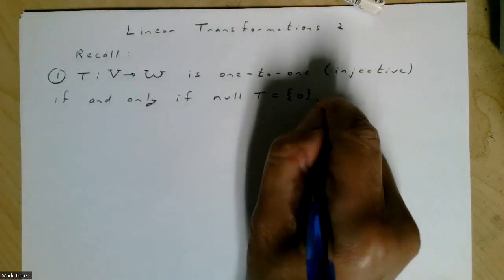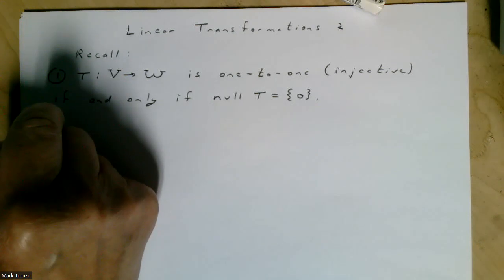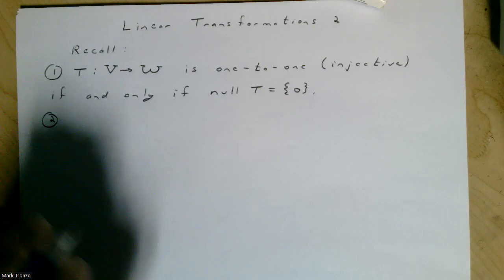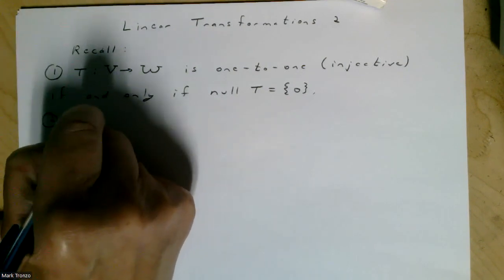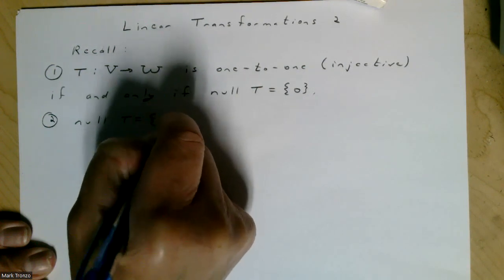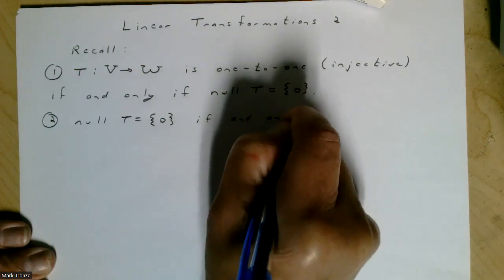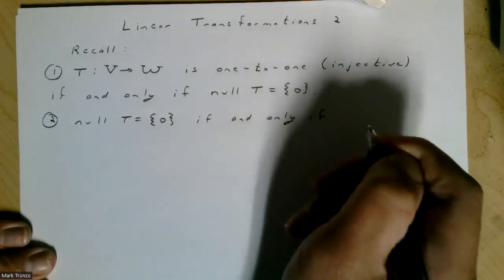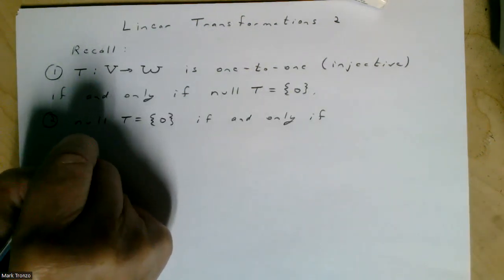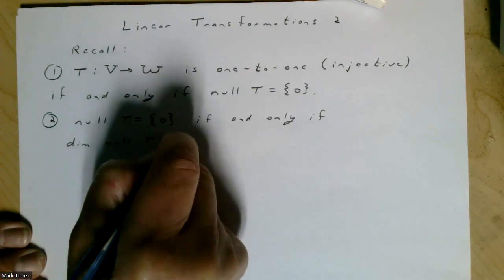So a linear transformation is 1-to-1, injective, if and only if the null set is 0, and the null set is 0 if and only if the nullity is 0, which, remember, means the dimension of the null space of T is 0.